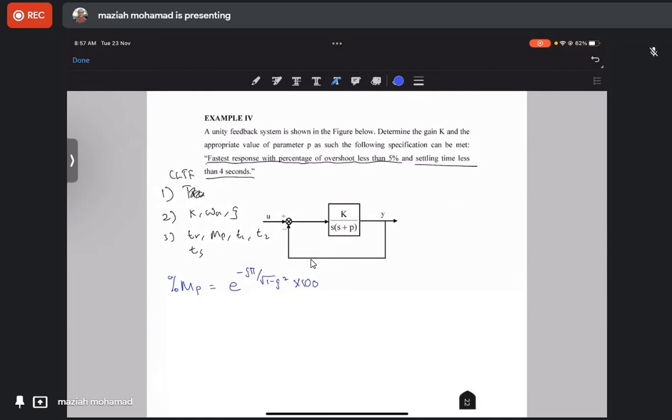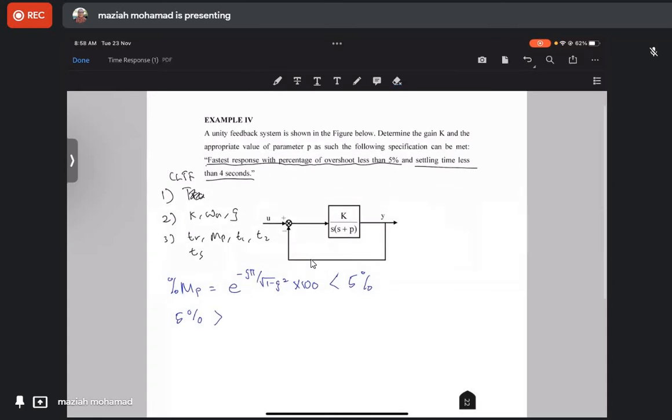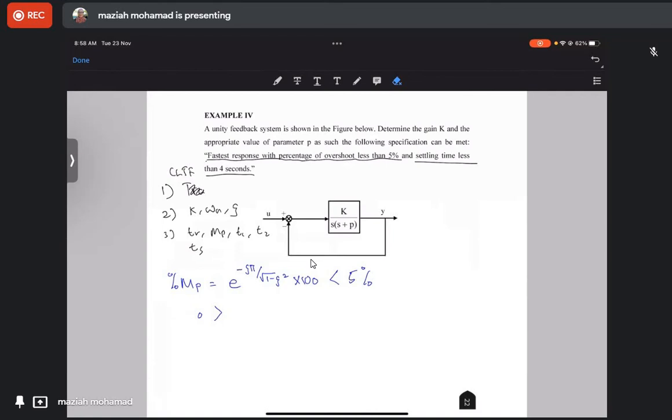So based on the requirement, it must be less than 5%. That is the first requirement.